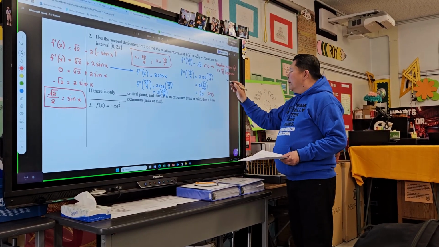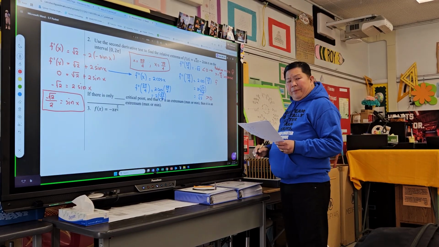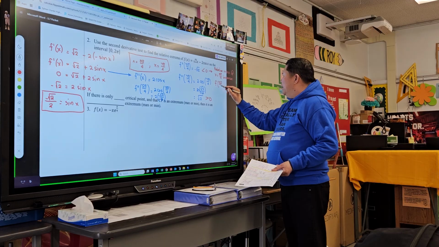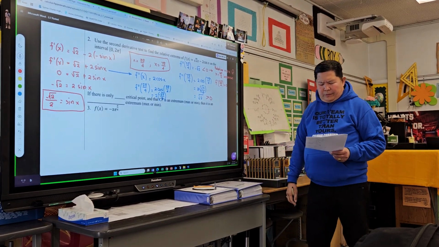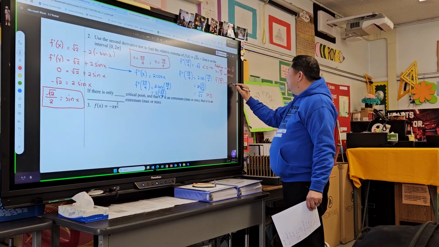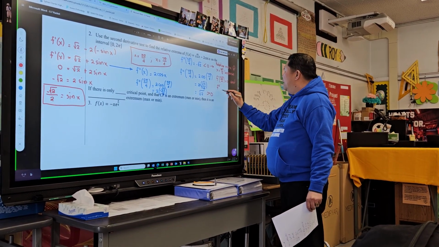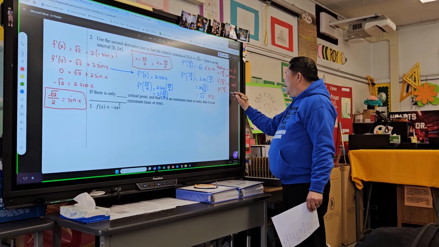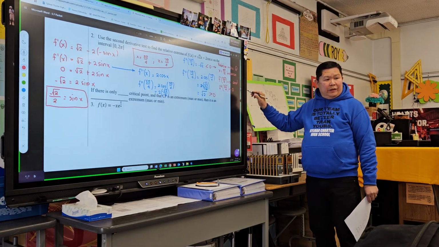Because f prime of 5 pi over 4 equals 0. Very good. And what else? F double prime. And f double prime of 5 pi over 4 is less than 0. This is how you justify your answer.